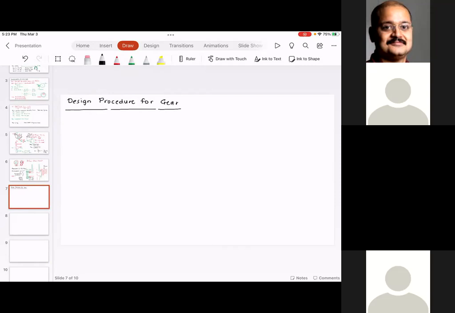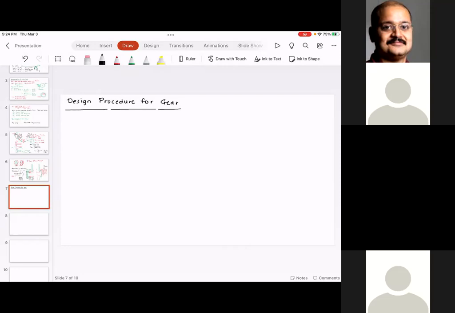That's why I spent a lot of time on spur gear design, because spur gear design is the basis for helical gear design, worm gear design, bevel gear design. Once you understand the spur gear design, all the gears are slight variations of the spur gear design.